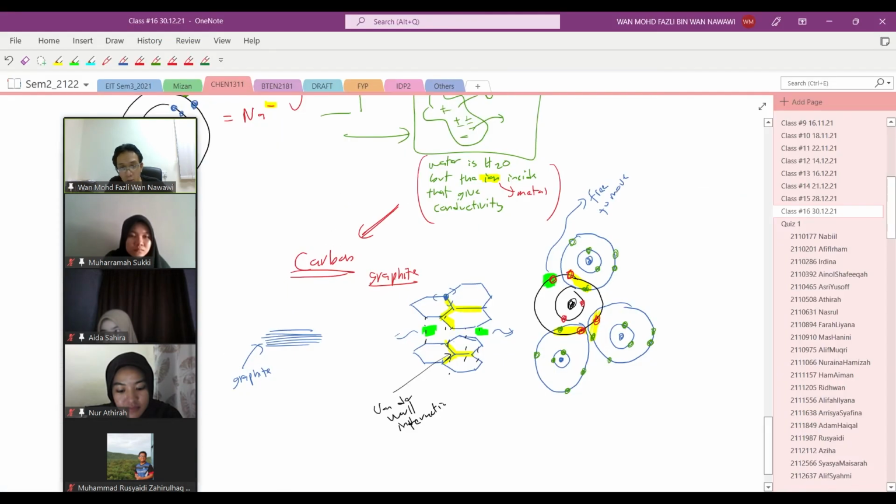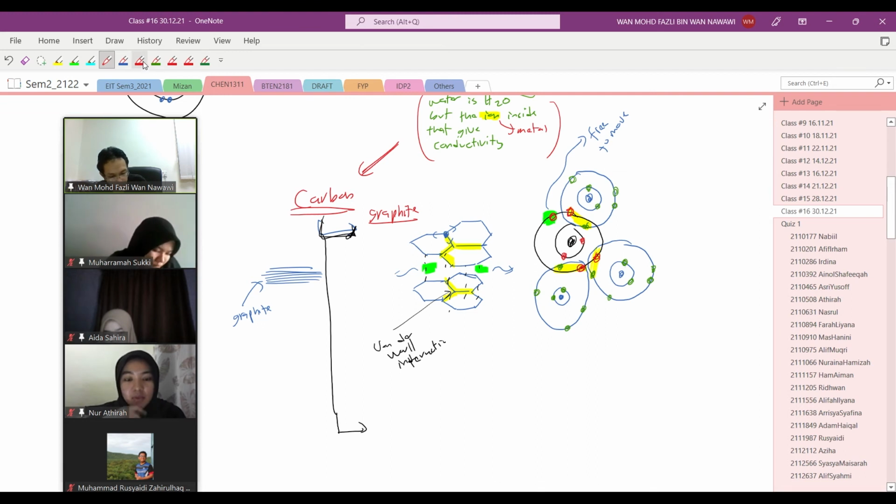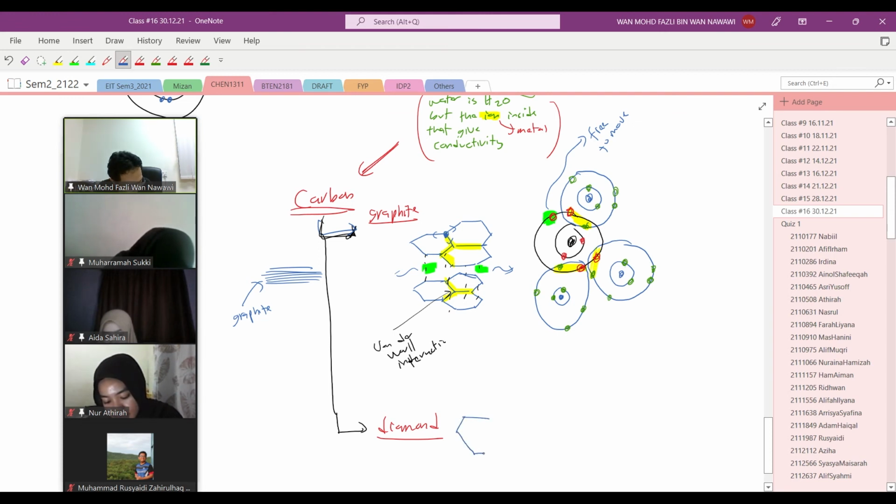So looking here, this is what makes the graphite conductive. This carbon is conductive. But you also need to see diamond. Let me draw diamond like this.